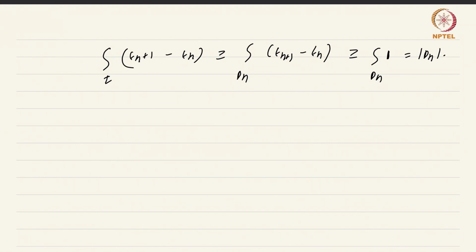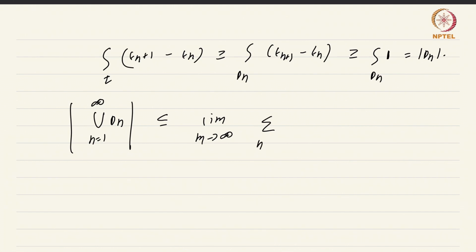Now our goal is to estimate the length of the union of the D_n's. Well, of course, you can do that by saying the union of D_n, n equal to 1 to infinity. The length of this is certainly less than or equal to the limit as m goes to infinity of the summation n equals 1 to m of |D_n|.